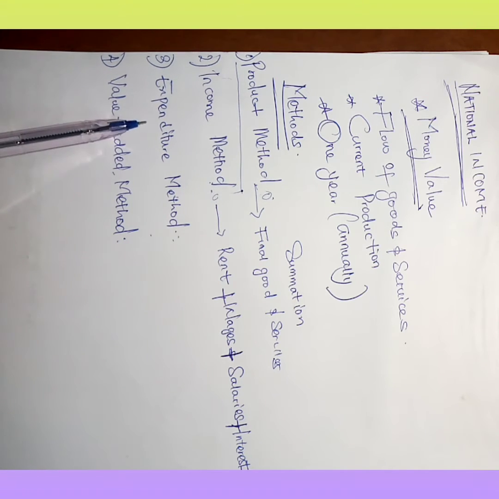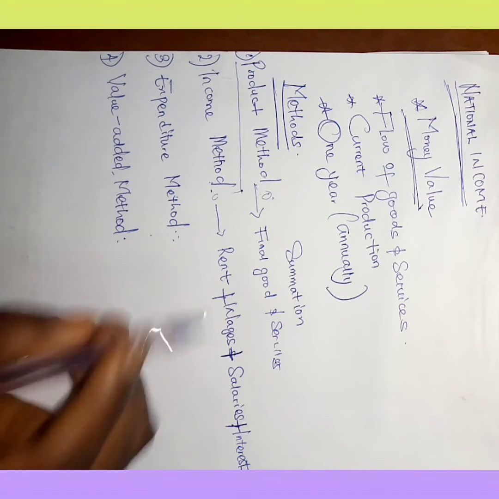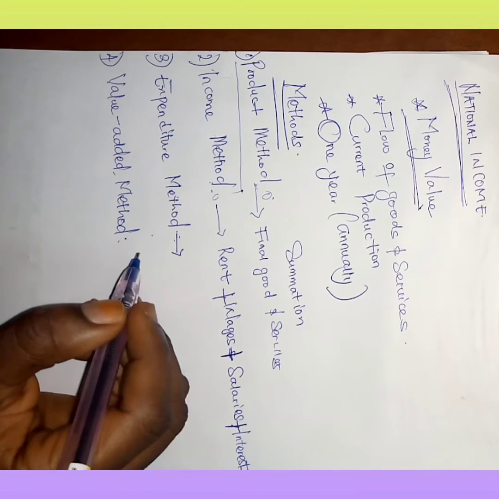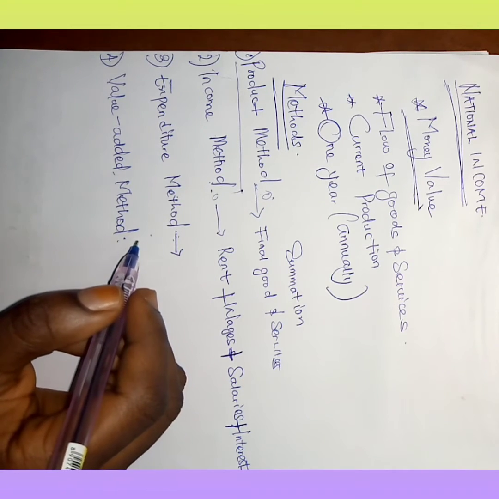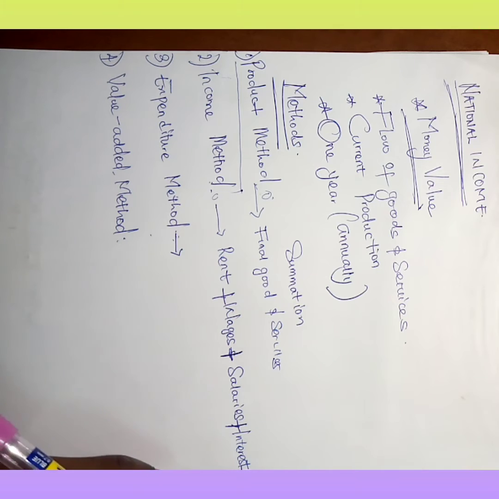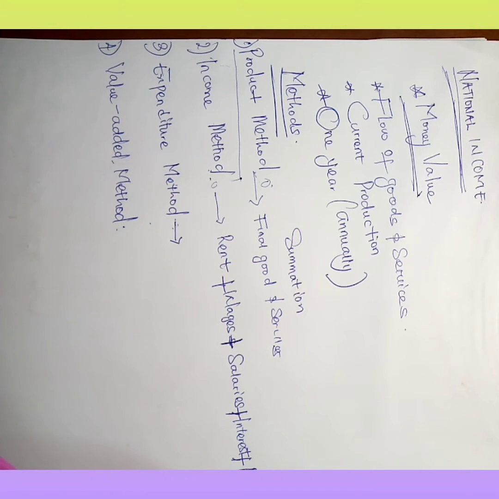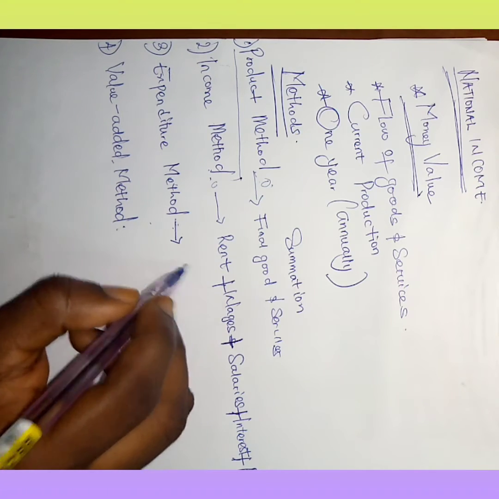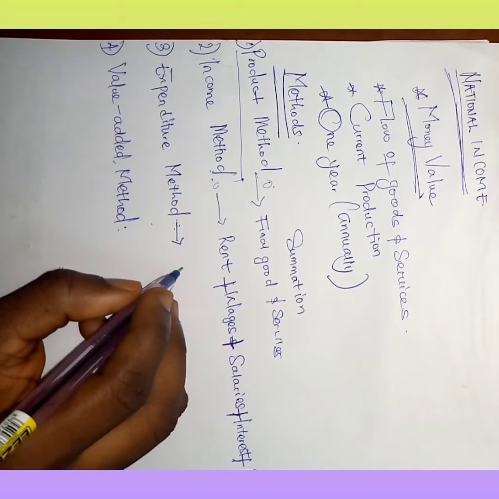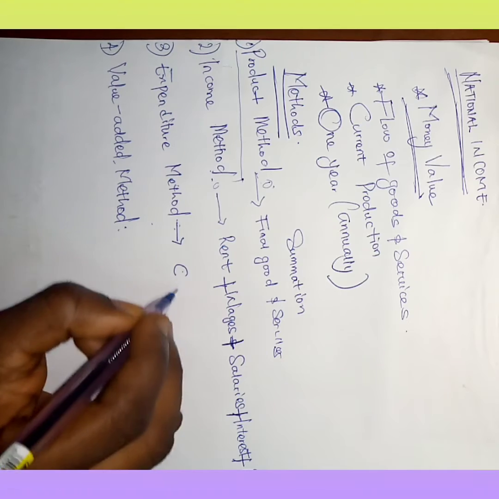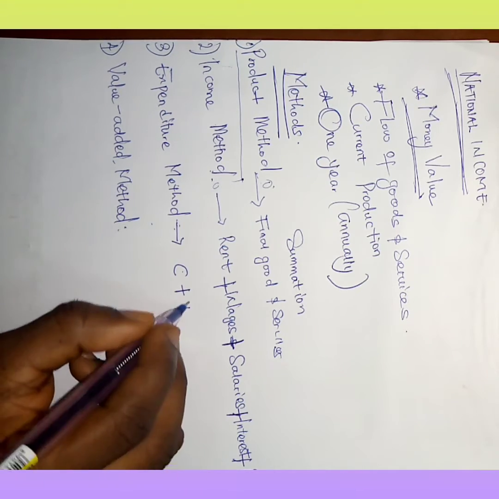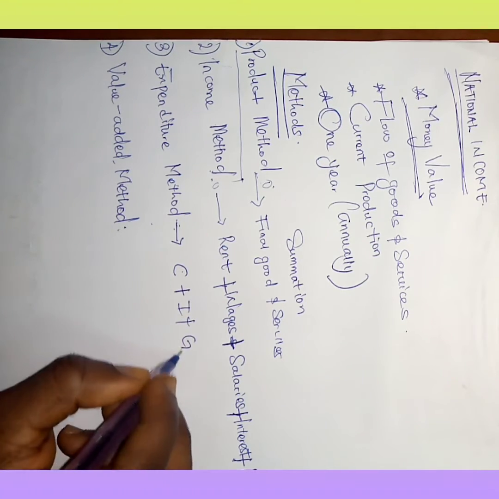method. Now, the expenditure method. What the expenditure method takes a look at is the expenses aspect of each of the agents in the economy. In other words, we sum up the expenses made by households plus that of businessmen plus government expenses.